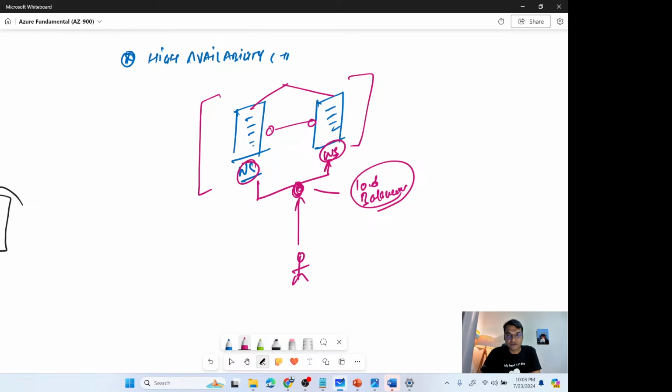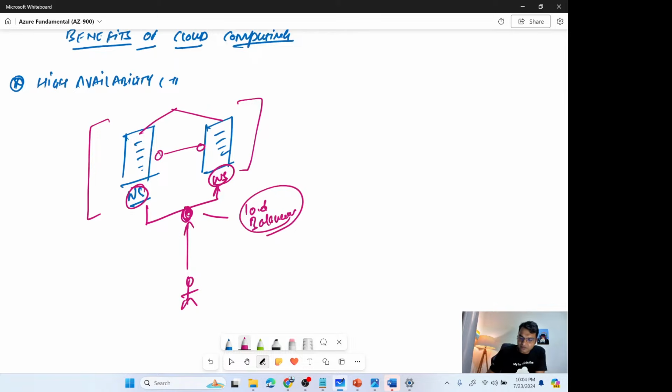So high availability would be there because it would be replicating whatever you are putting in there, which is the website in this case, to another server in another data center. Not just in another data center, but it could be another data center in another region itself. It can do that, right? So that's how it would provide high availability.